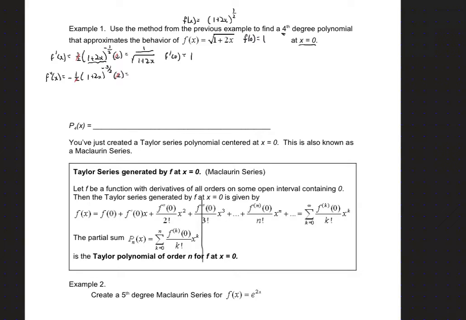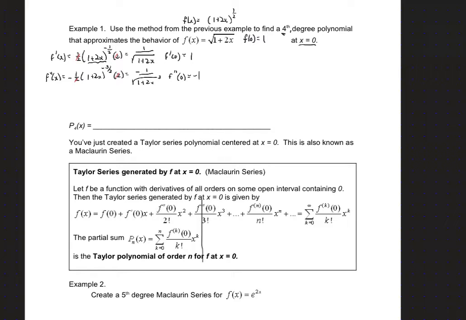So in a more evaluation-friendly form, I'll call that the square root of 1 plus 2x cubed. So f double prime of 0, because 2 times 0 is still 0, we're still just getting 1 to any power in the denominator, which is 1, so that's going to be a negative 1.